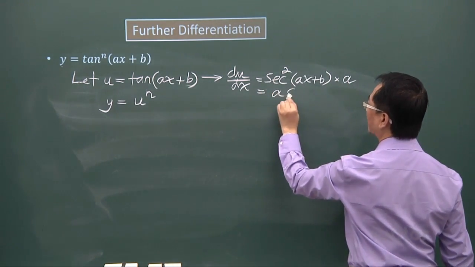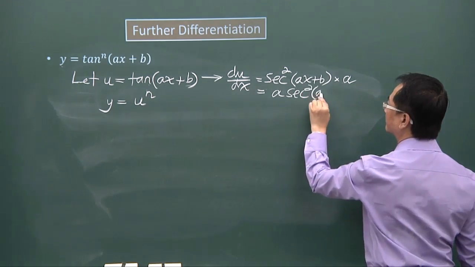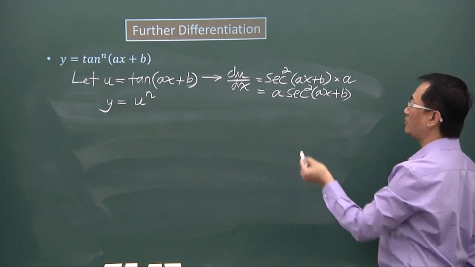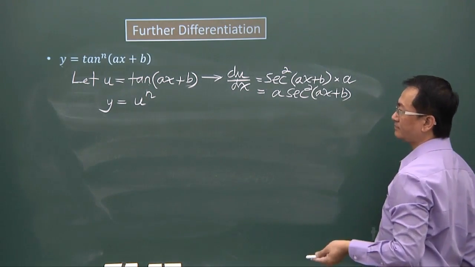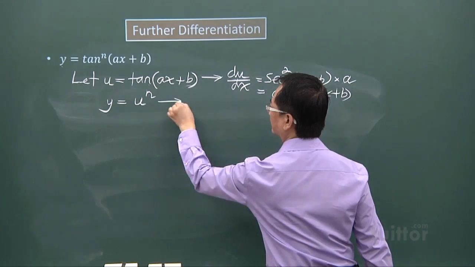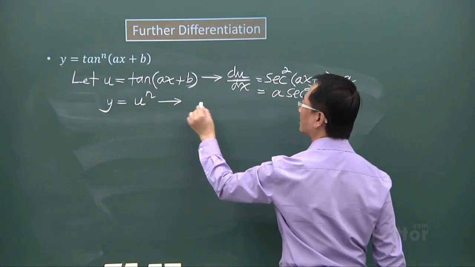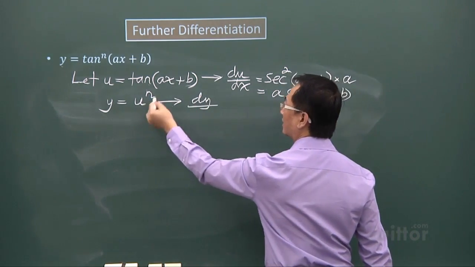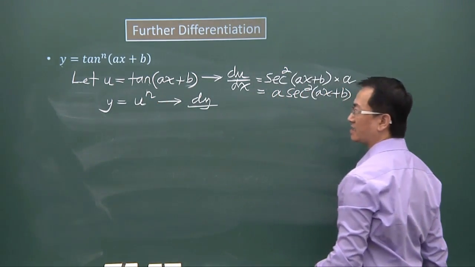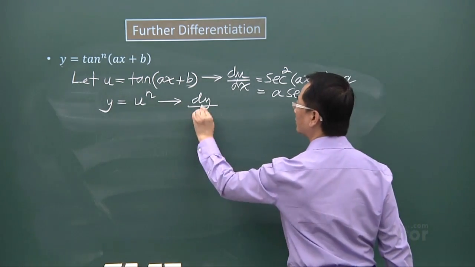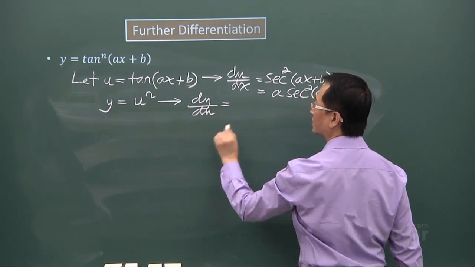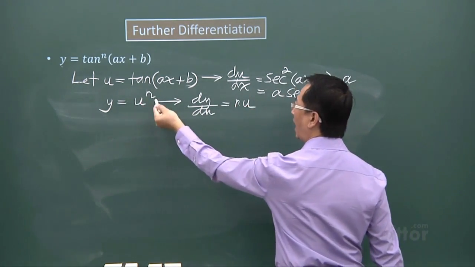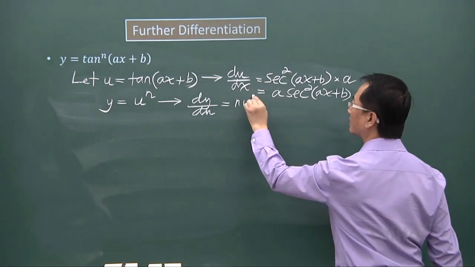The full expression is a secant squared bracket ax plus b. Here, the subject is y, so it's dy, and the expression of y is in terms of u, so du. So n becomes the multiplier, and the power of u is reduced by 1.